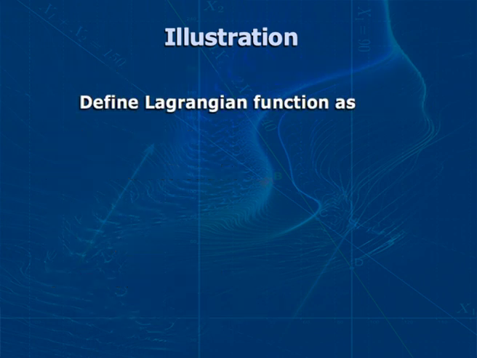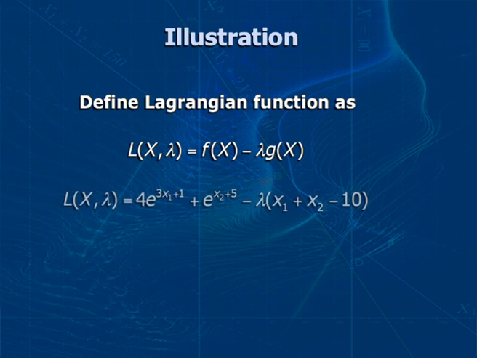Define the Lagrangian function as L(x, λ) = f(x) − λg(x) = 4e^(3x1+1) + e^(x2+5) − λ(x1 + x2 − 10).